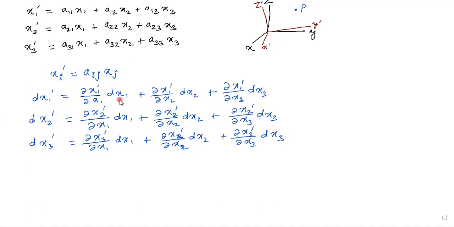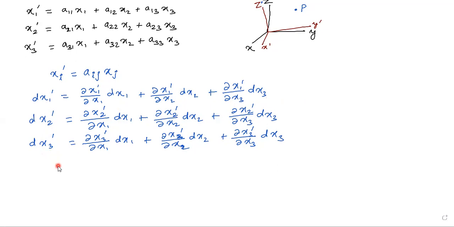Here, there are no restrictions on x1, x2, x3, and x1 prime, x2 prime, x3 prime. By restriction, I mean x1, x2, and x3 need not be the axes of the Cartesian coordinates. I repeat, x1, x2, x3 could be Cartesian coordinates or any other curvilinear coordinates. Similarly, x1 prime, x2 prime, x3 prime are curvilinear coordinates.